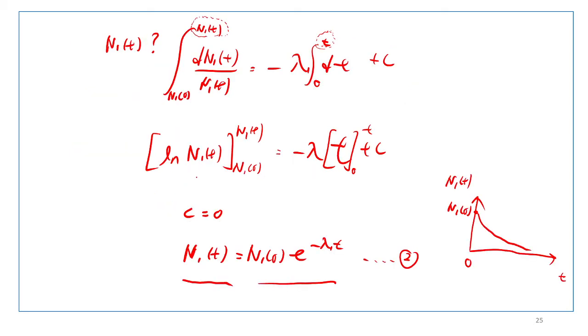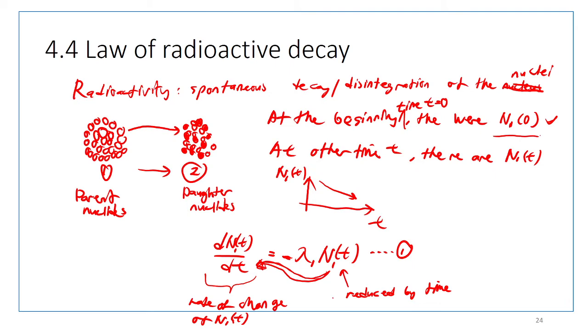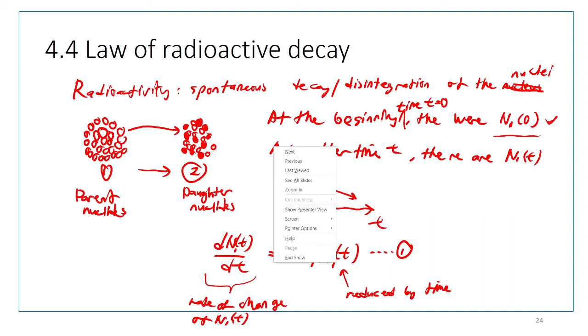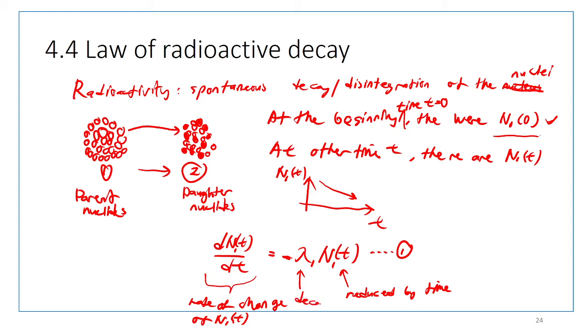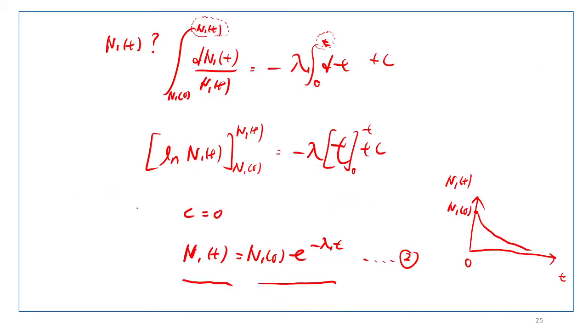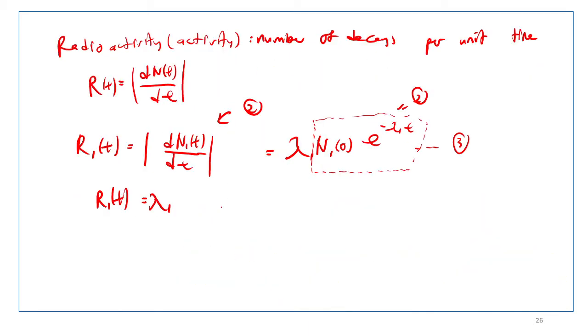Lambda 1 has a name, I forgot to mention here. Lambda 1 is called decay constant, specific for the parent nuclides.